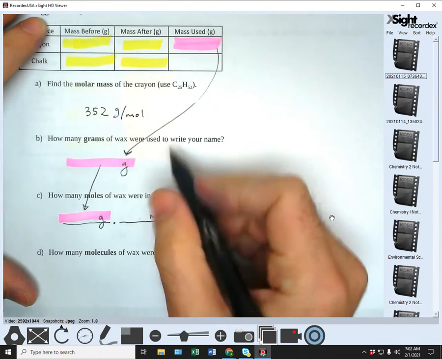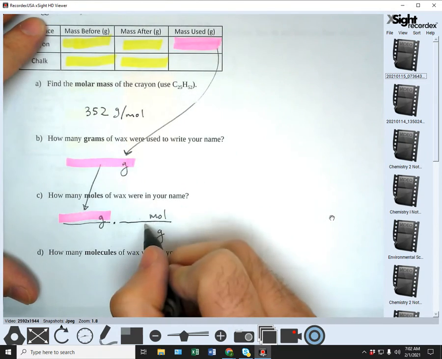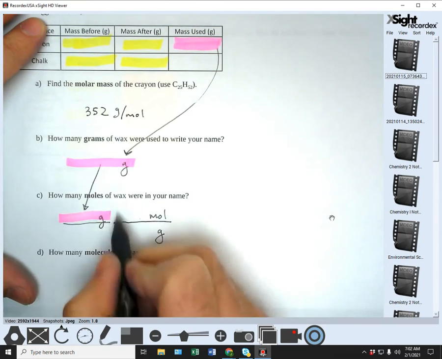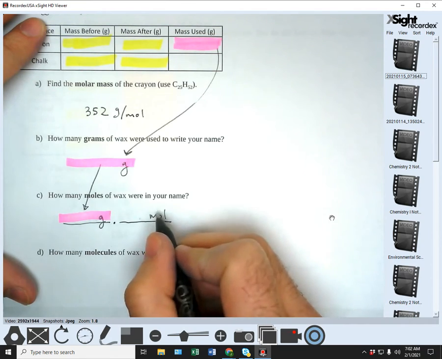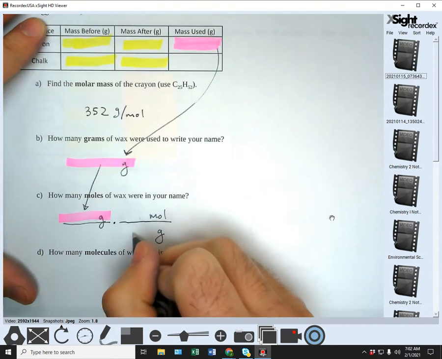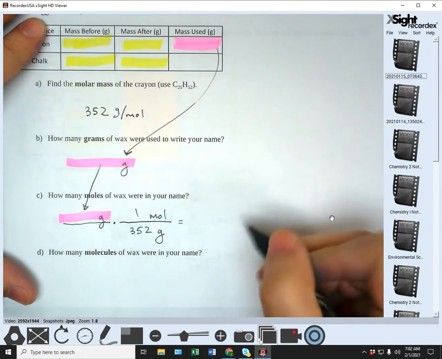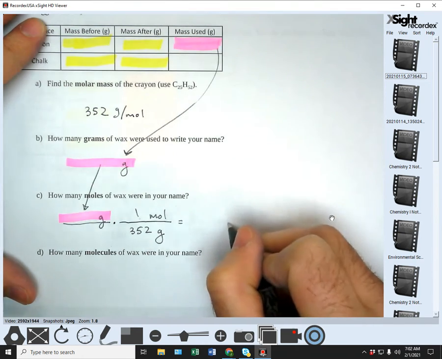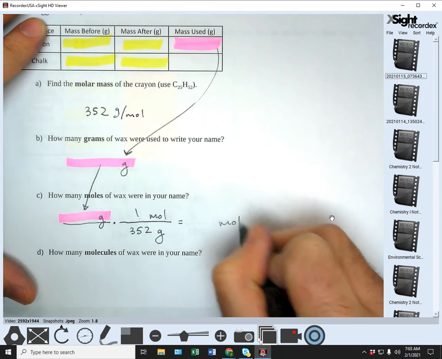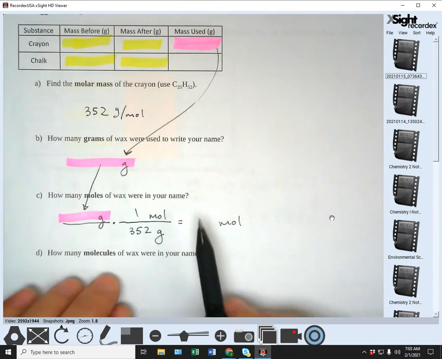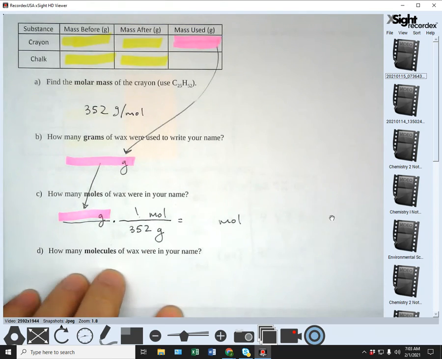Okay, so here, remember, this is the grams that you had in your name. The grams to moles, using the molar mass, it's 352 grams for 1 mole. You divide, you figure out the number of moles. I said this incorrectly last time. It's the number of moles that are in your name.